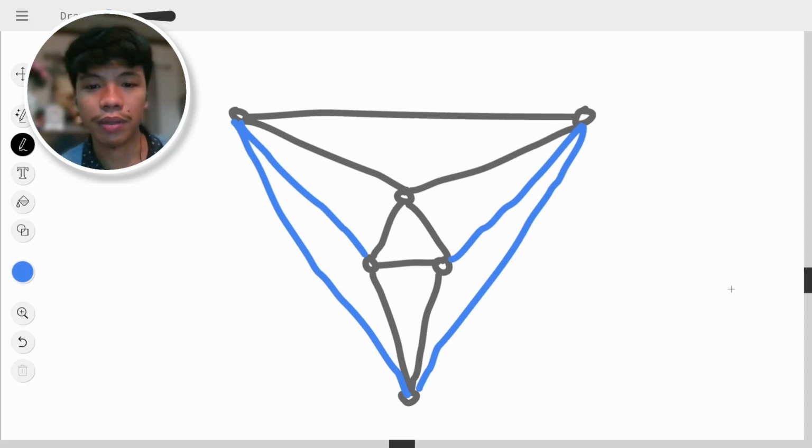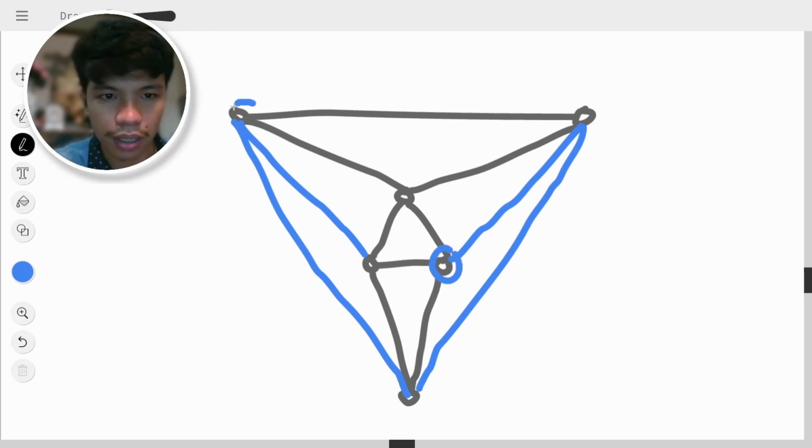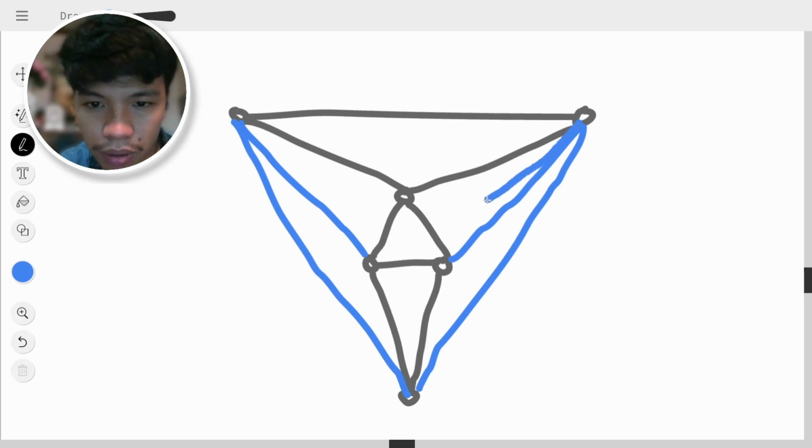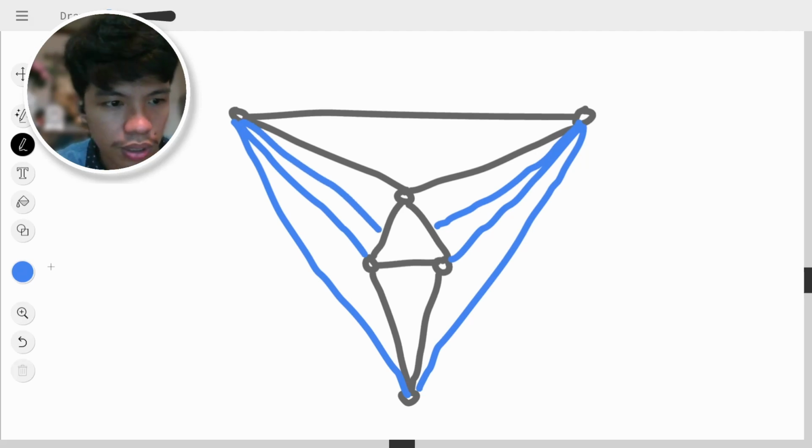We continue adding edges between non-adjacent vertices until the graph becomes non-planar. Looking for other non-adjacent vertices, you may have noticed that if we try to connect these, the edge will cross here. And this one would also cross here, and so would these if we try to connect them.